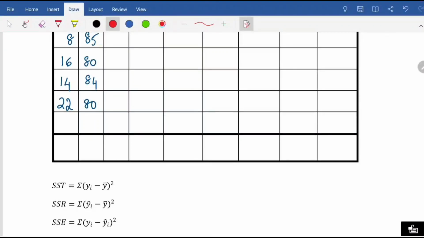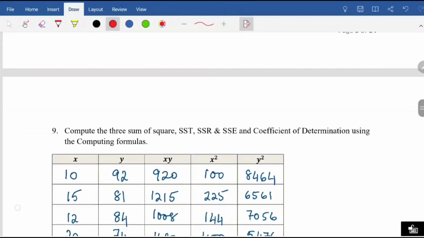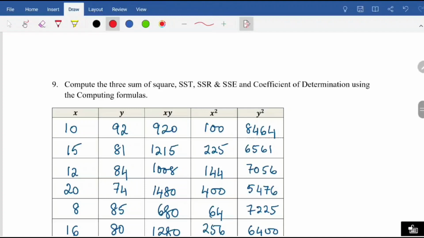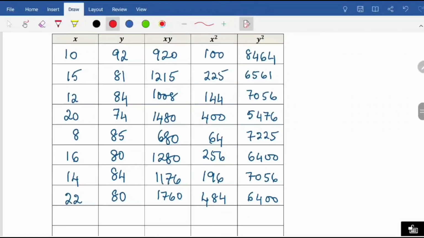It's going to be very time consuming, so you will be using the computing formula on the test, and when you do that, you will be reusing the same values for the most part from the previous calculations you did for your regression equation.